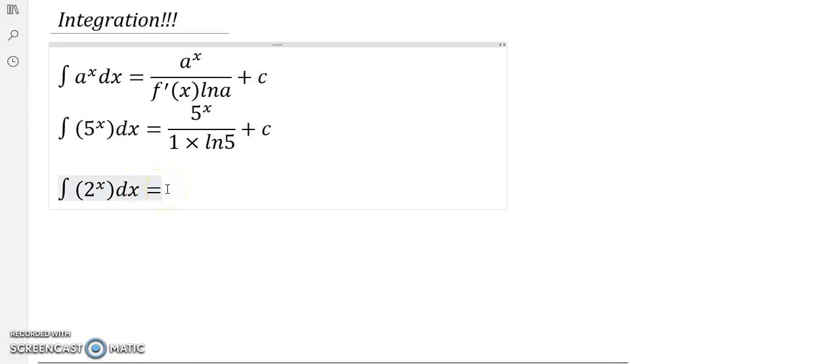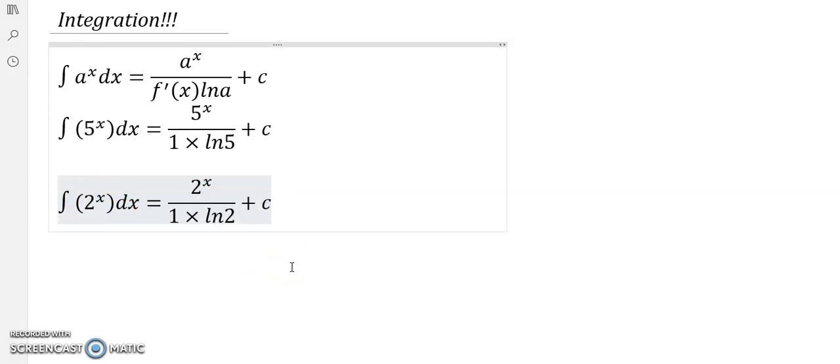We're going to have 2 to the power x all divided by the derivative of x, which will give us 1, times ln of, this time around, in place of a we've got 2, then we will substitute a by 2, plus the constant c.